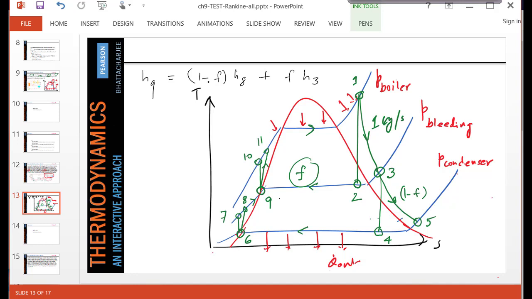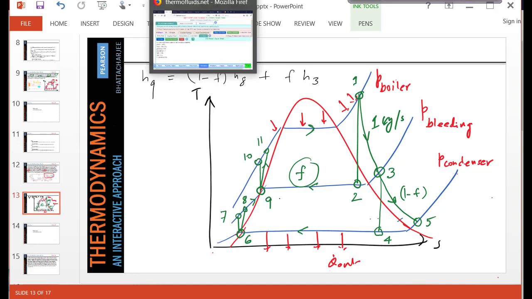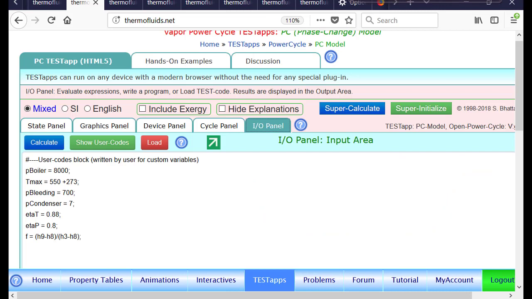So let's go and set up the given parameters first. I've already done so. I'm just going to walk you over. As you can see, the boiler pressure in kPa, the maximum temperature in Kelvin, the bleeding pressure in kPa, and the condenser pressure in kPa are all listed here. These are given information. So are the turbine efficiency and the pump efficiency in fractions.